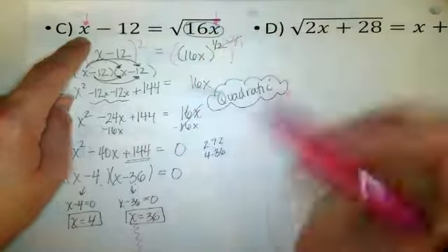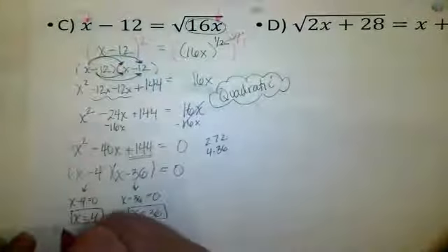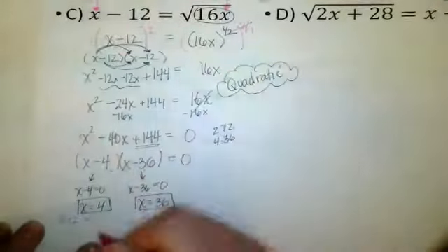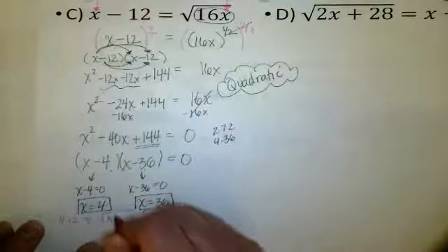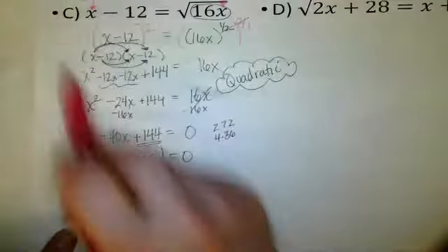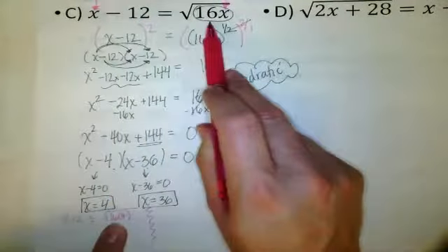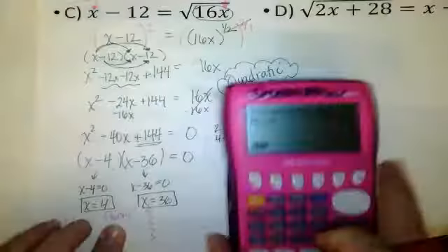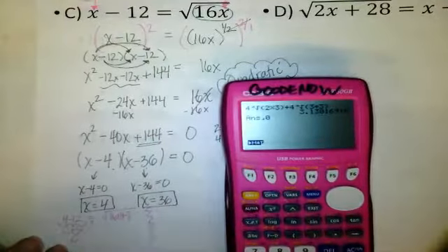Okay? So first I'm going to start by checking the 4. I'm going to do 4 minus 12 on the left, and we want to see if it equals the square root of 16 times 4. So you see what I did there? Again, I use my calculator. 4 minus 12 I know is negative 8 on the left.